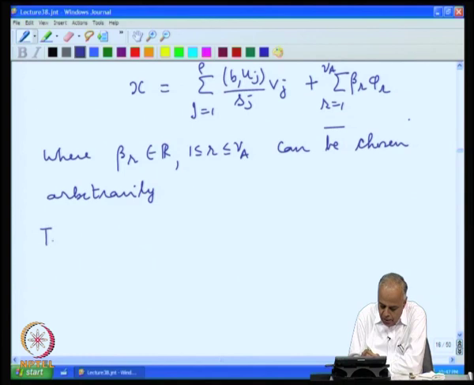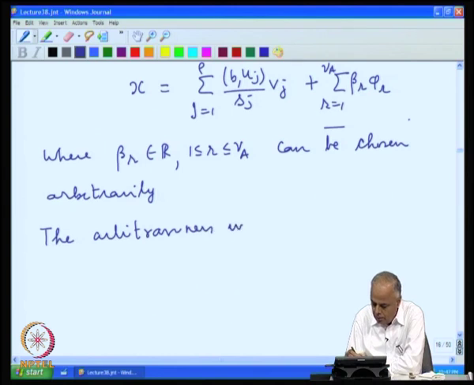So, the arbitrariness in the solution is due to the B 1, B 2, ..., B nu.